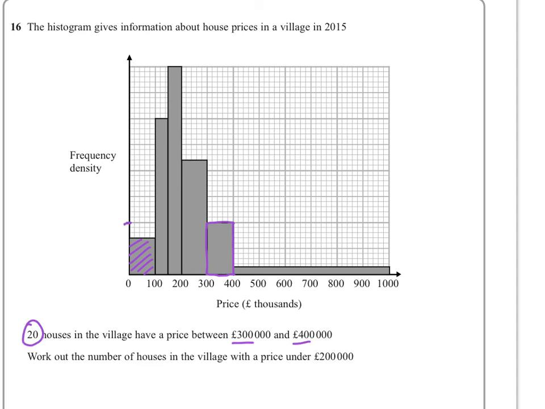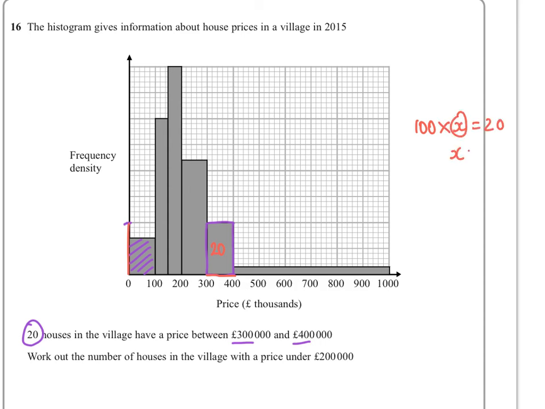Now we've got to be really careful. So we know that 20 houses is represented here as an area. So 100 times what is 20? So 100 times something is 20.